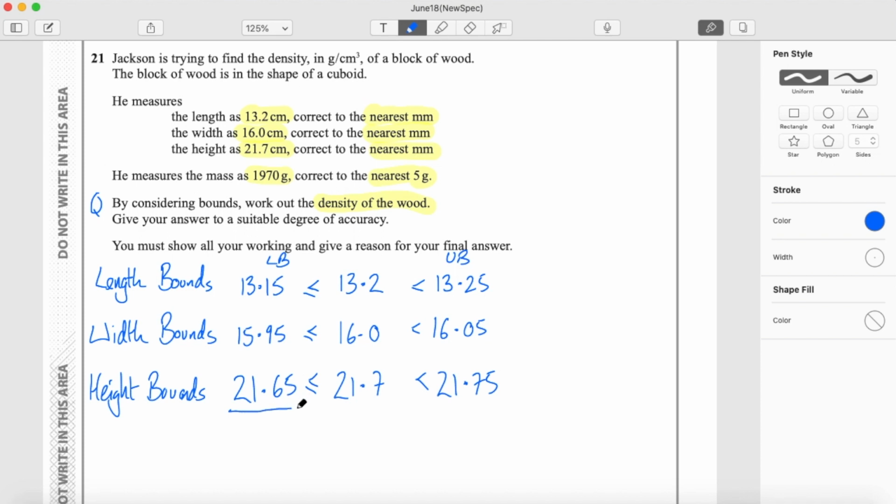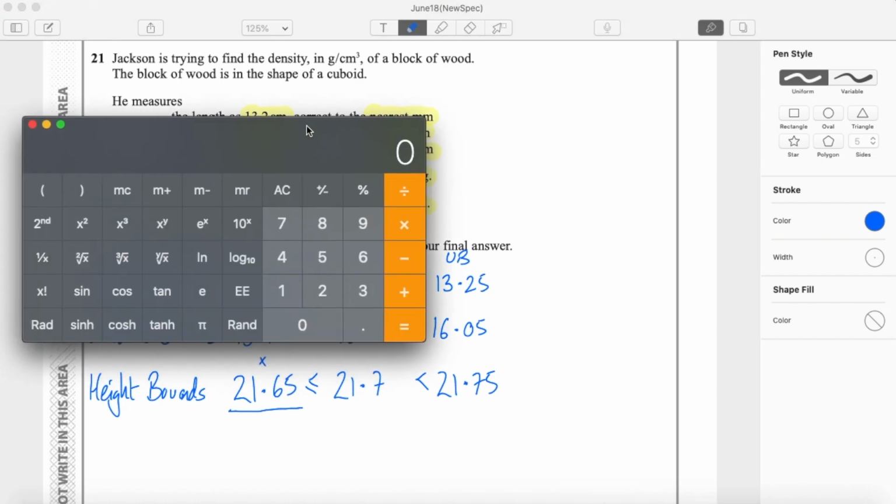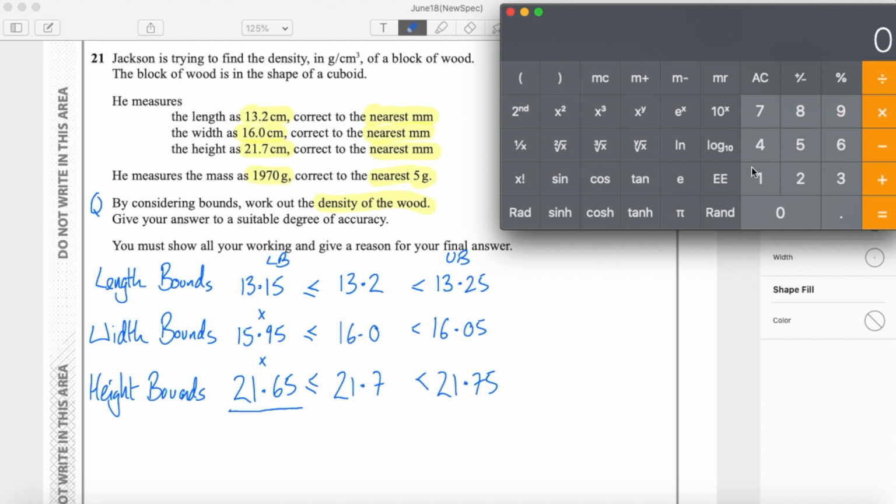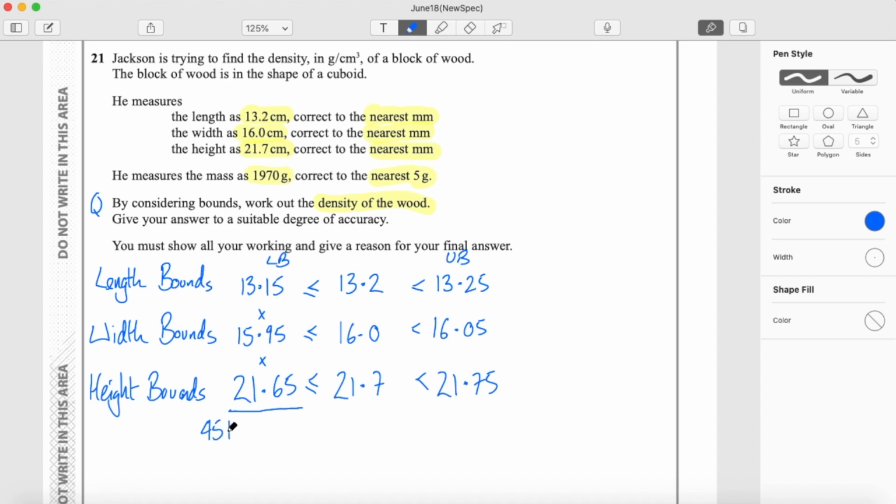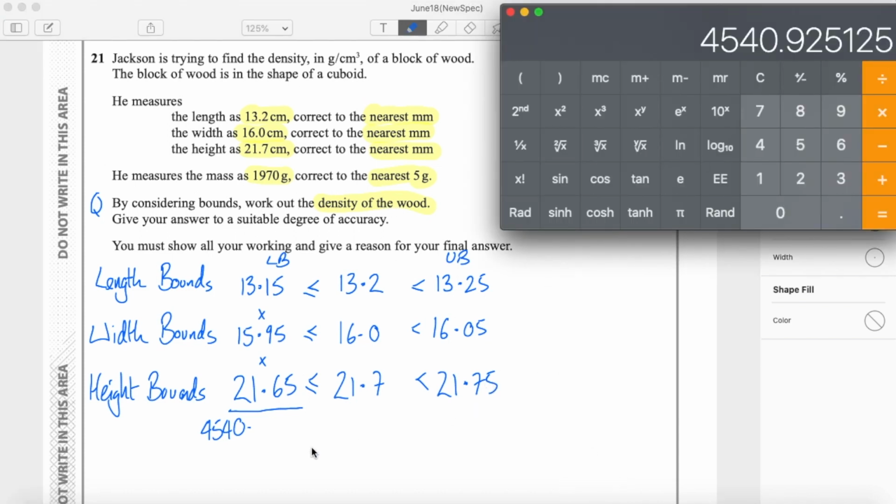So let's do that for our lower bound first. Remember, volume is just length times width times height in any order. So 13.15 times 15.95 times 21.65 equals 4540.925125. Because we need a suitable degree of accuracy and there are only six numbers past the decimal point, I'll just leave all those in.